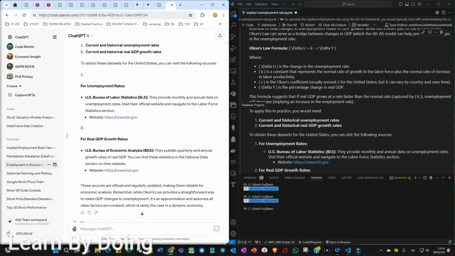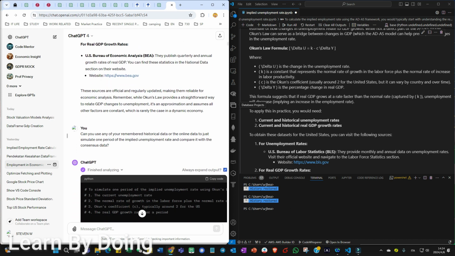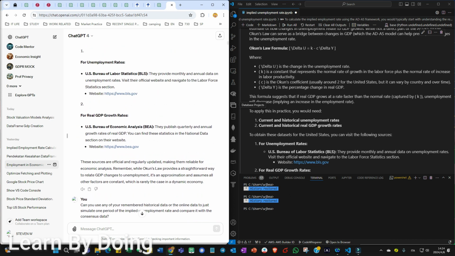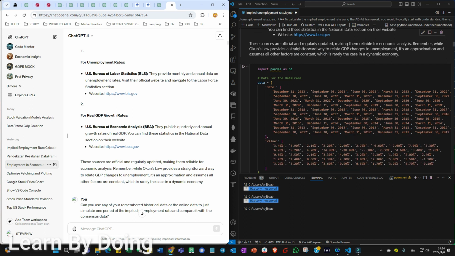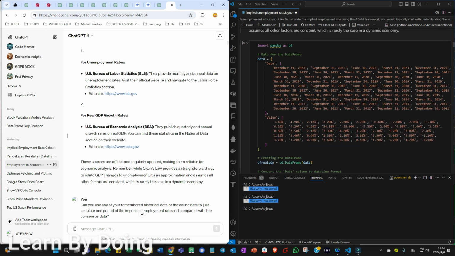At this point, I think the theoretical framework is already established. Now we need to go to the part where we get all the data. Let's take a look at the right-hand side.